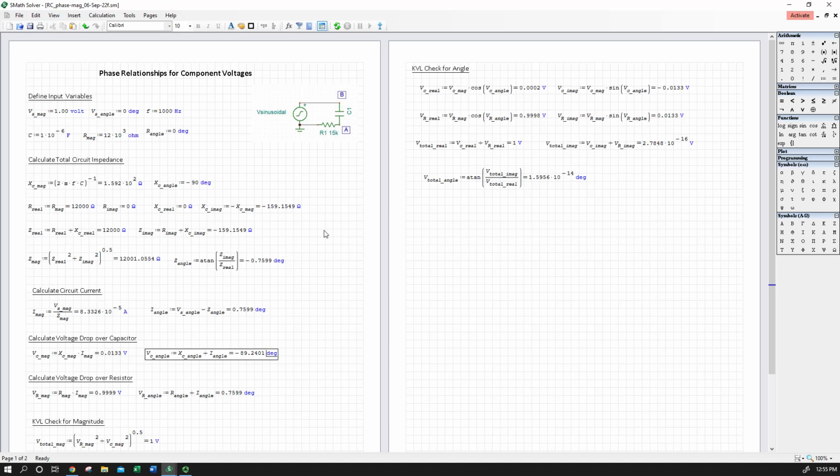So we would have a different current, a different magnitude and a different angle, going through each of our two components. But other than that, we would have followed the same procedure: define our input variables, calculate our total circuit impedance, get an expression for our total current, and then either calculate our voltage drop over each component or our current through each component, and then use KVL or Kirchhoff's current law, or both, to do our check.